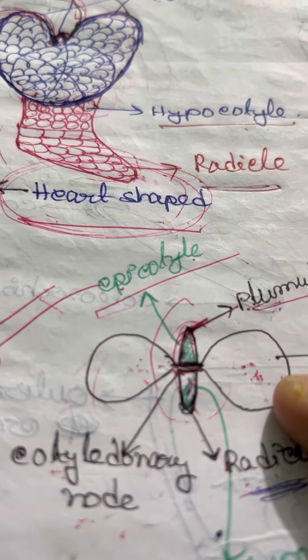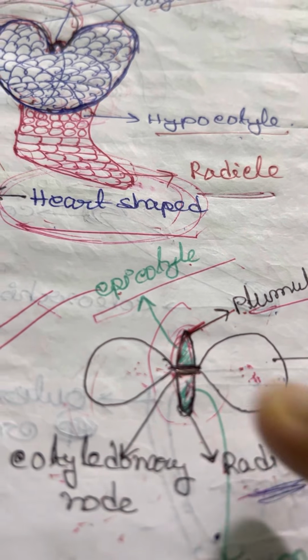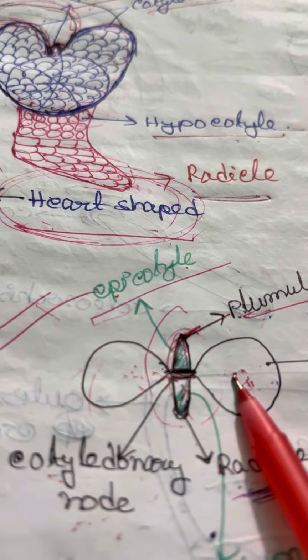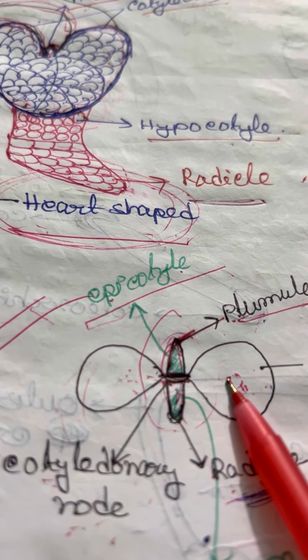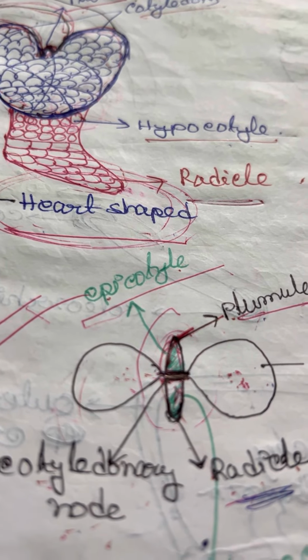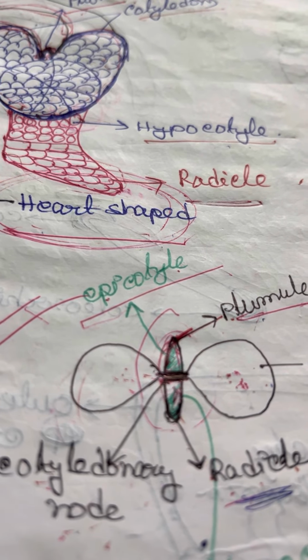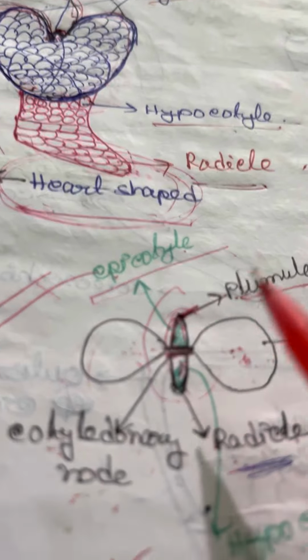So when a new plant germinates from this seed, it uses the nutrition from these two cotyledons. When the new plant develops from a seed, these two cotyledons will disappear at that time, as we know from the lower classes, right?